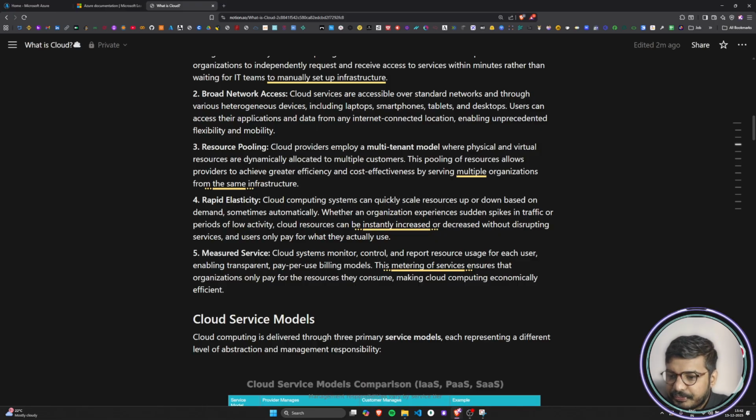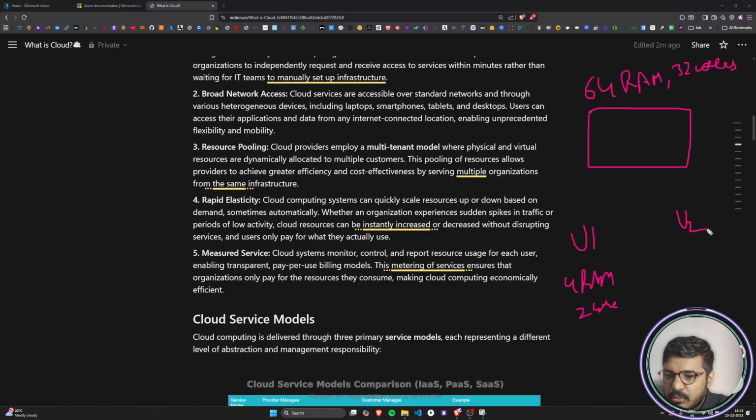This means, okay, let's suppose I have a machine with 64 GB of RAM and 32 cores. So I, as user 1, have requested 4 GB RAM and 2 cores.